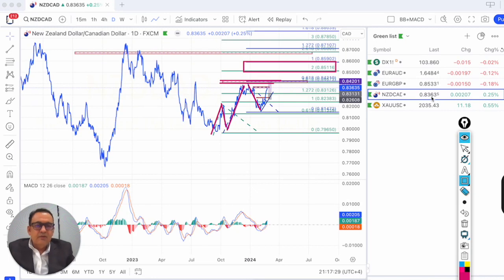Currently we are at 0.8363. So there is a good potential that even if you're targeting the first level of magnet zone, the Fibonacci extensions based on the two upward cycles, then you can target at least 0.8421. If it continues further up, the next target would be 0.8511 to 0.8590.